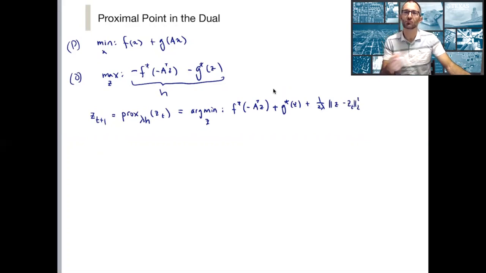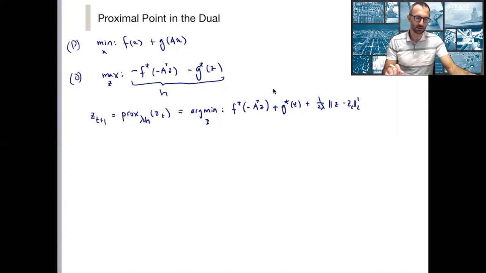Prox is a minimization, so instead of maximizing minus f star minus g star, I'm minimizing f star plus g star. So I'm minimizing a convex function rather than maximizing a concave function, which spares me from having to redefine things for concave functions.